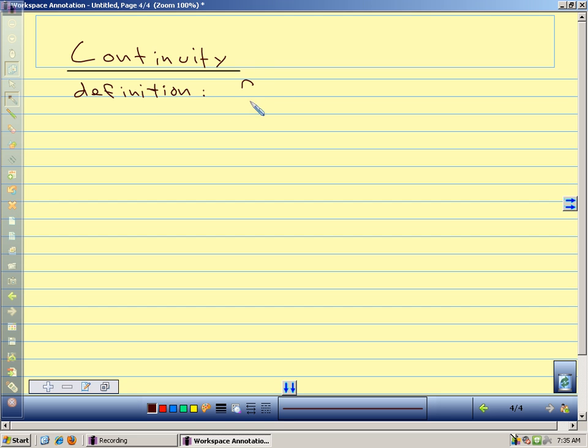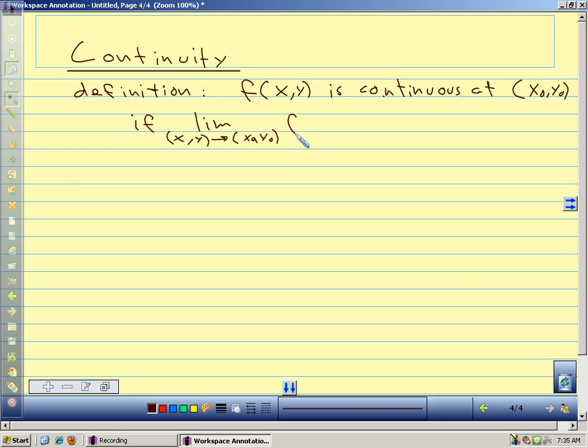F of x, y is continuous at x0, y0 if the limit as x, y approaches x0, y0 of f of x, y equals f of x0, y0.